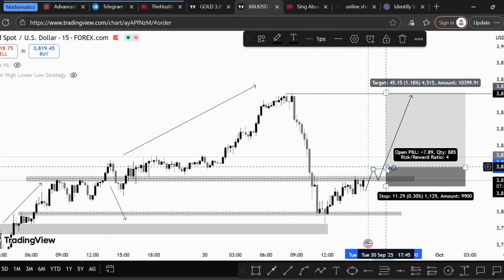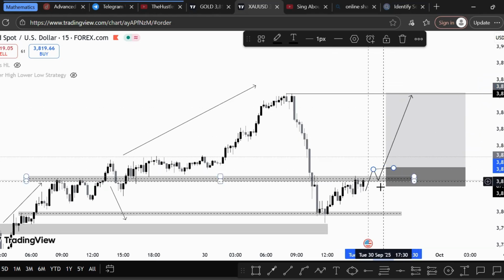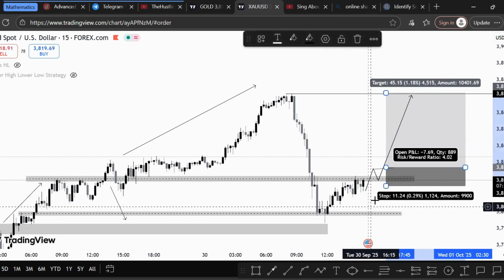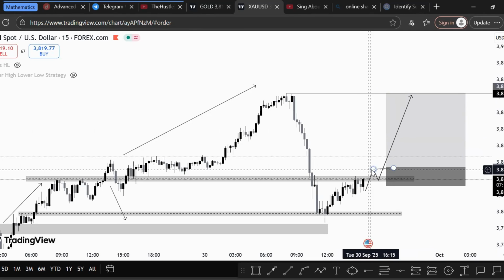Then you can take that entry to the upside, and your stop loss will be just below the higher low. Don't place it right at the higher low, just below it, maybe 2 points below that higher low.